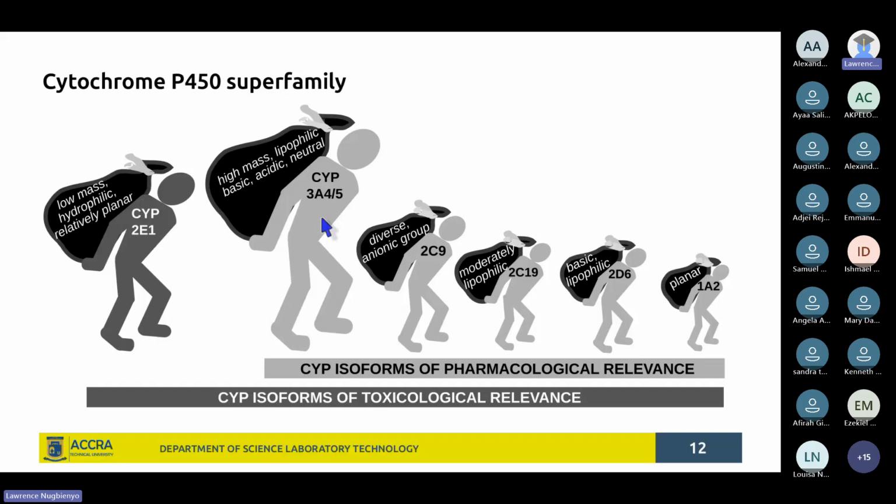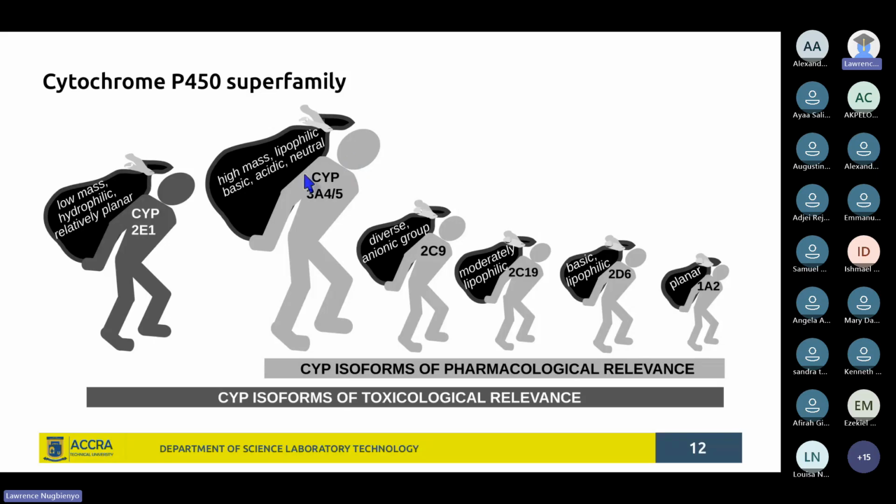And so what you see actually in this light part of the diagram is showing the cytochrome P450 enzymes that have pharmacological relevance, where you see that the cytochrome 3A45 is responsible for metabolism of substances that have large molecular mass.